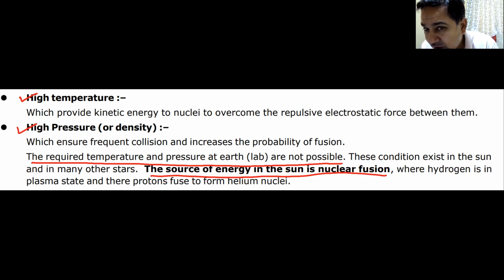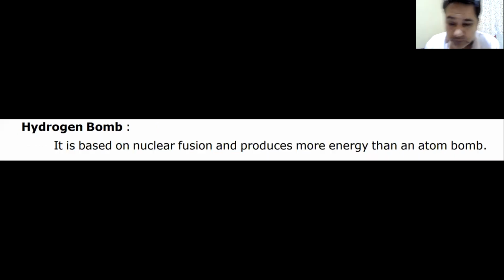Shall I move ahead to the last point of this chapter? Okay, sir. Then, nuclear fission produces the atomic bomb. What does nuclear fusion produce? Hydrogen bomb. Ukraine versus Russia, they are not going to use the hydrogen bomb.